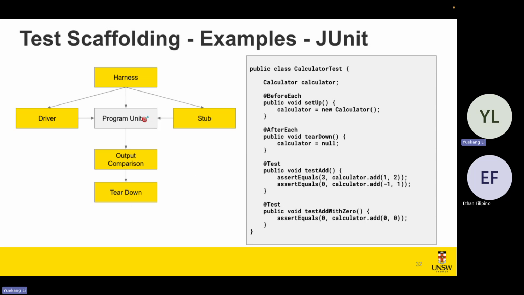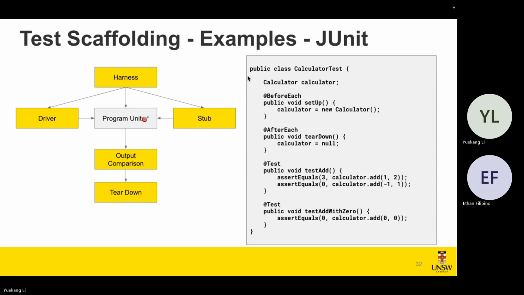Now let's see another example of JUnit. JUnit is for Java, a very typical object-oriented programming language. And in these languages, normally the definition of unit is different from other languages, like the entire class is considered as a unit.